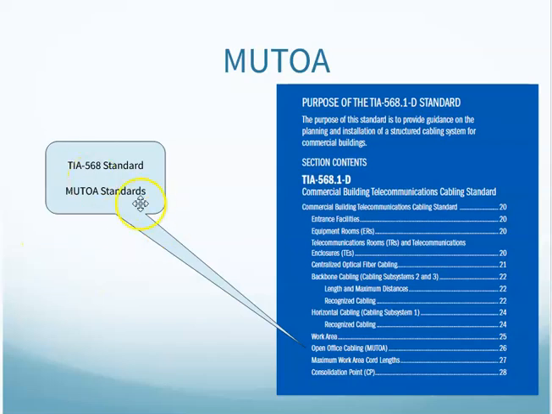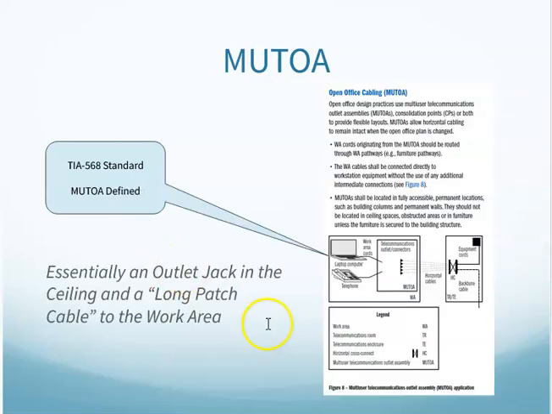So in our standard, there is a MUTOA option here for cabling up that type of structure. And they even talk about how you do that. Instead of your data outlet next to the computer at the desk, the data outlet would be above the ceiling, because that's your solid core wire, solid conductor wire. And then you can use a long patch cable to come down to the user in the work area.